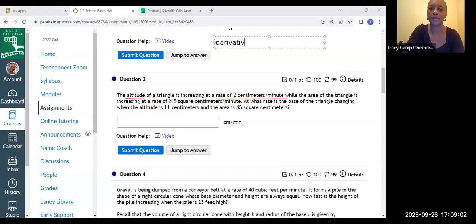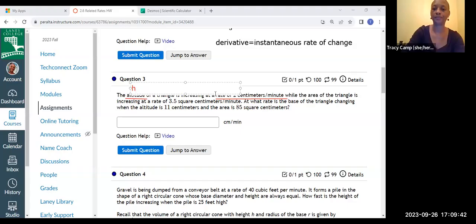So derivative is instantaneous rate of change. So when you see rate, then you want to think, okay, I'm dealing with derivative here. And in this case, this is the rate of the altitude. So the altitude was h, right? That was the height. And so rate is the derivative of the height. And we're told that that equals 2.